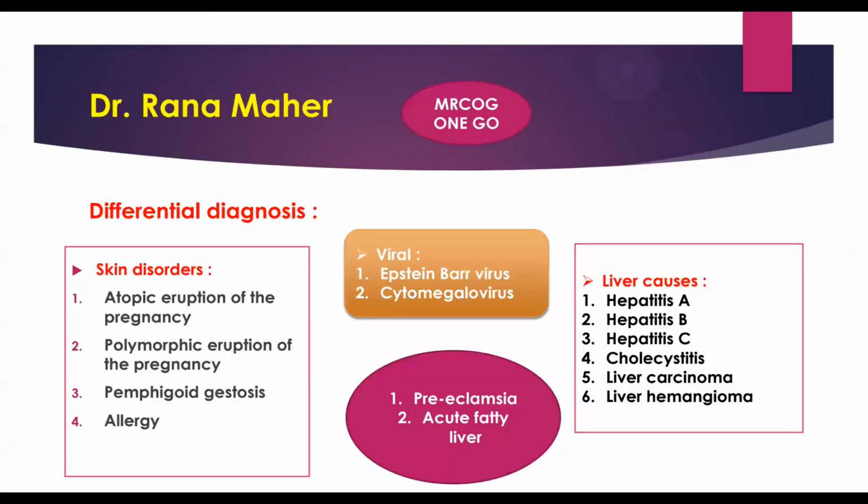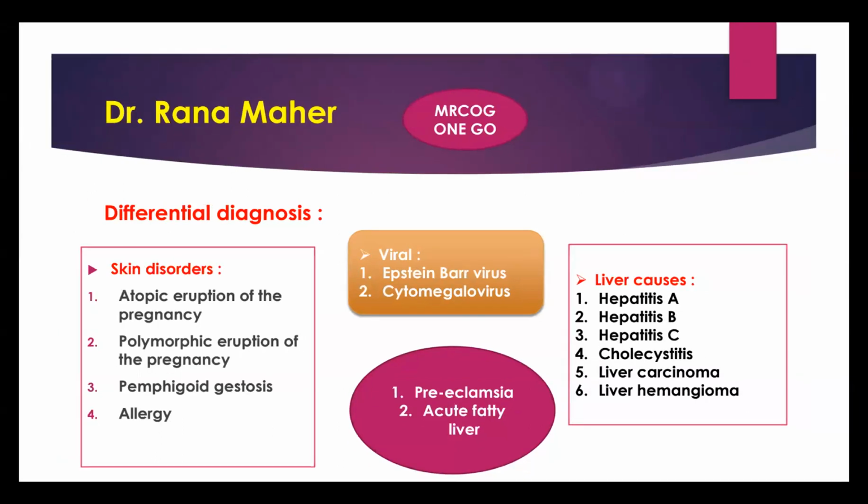Differential diagnosis, very important. It's a very important slide here, guys, and I put it in a very organized way for you, so you will show yourself in front of the examiners. You can tell the examiner that for the differential diagnosis, we have skin disorders, viral infection, pregnancy-related, and liver disease related.